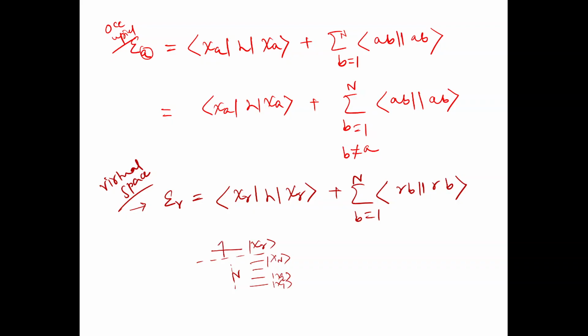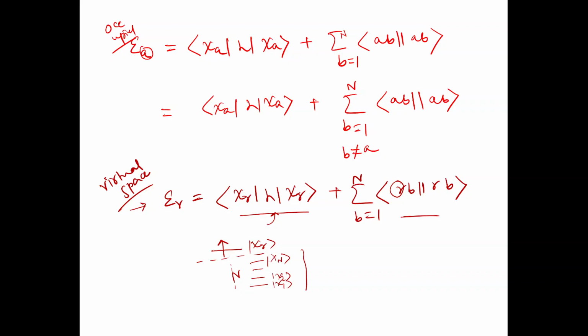It actually tells you if you have an electron in this chi R orbital, this matrix element represents the kinetic energy and the interaction with the nucleus. And what about these terms? These actually represent the interaction of the electron sitting in the R orbital with all the other orbitals present in your Hartree-Fock determinant. So it's kind of the energy required to put the electron in chi R.